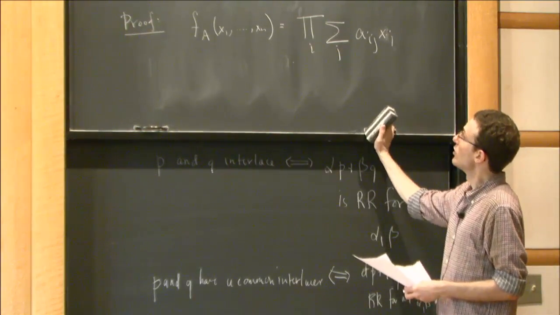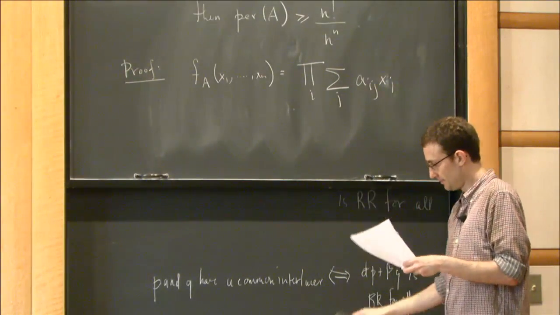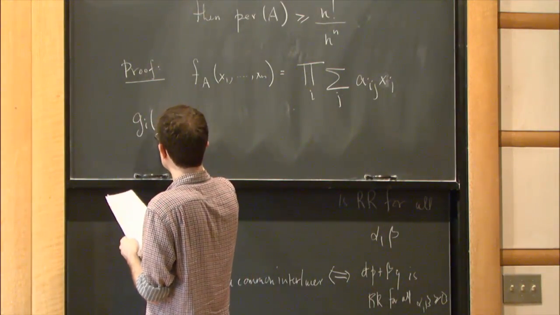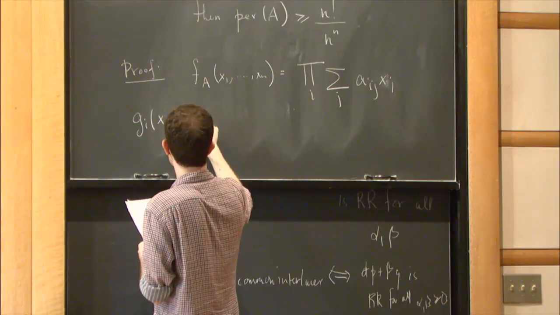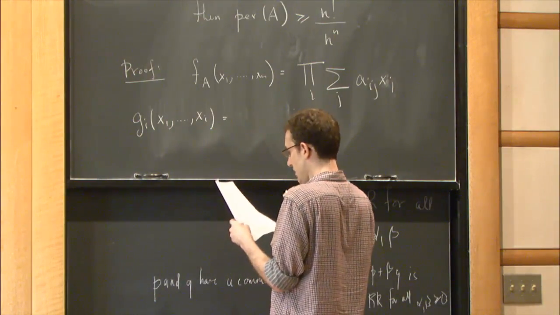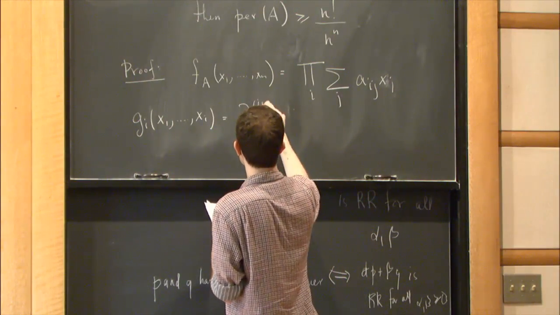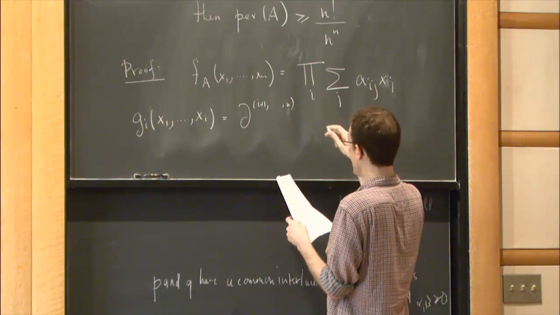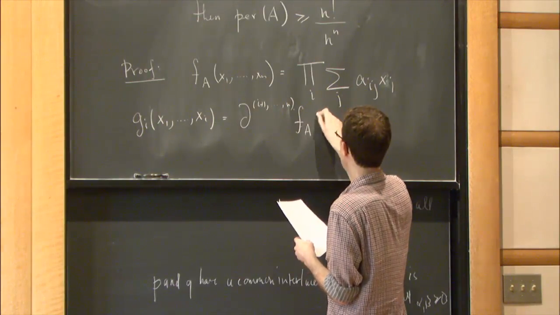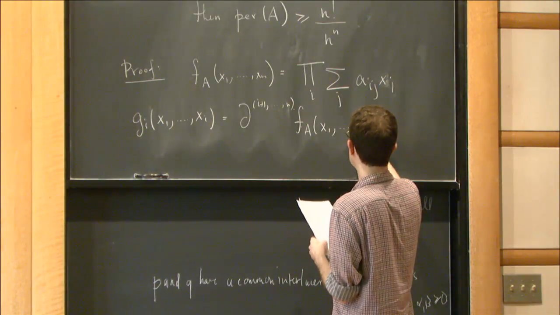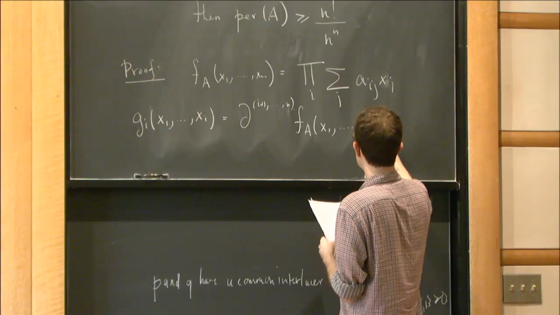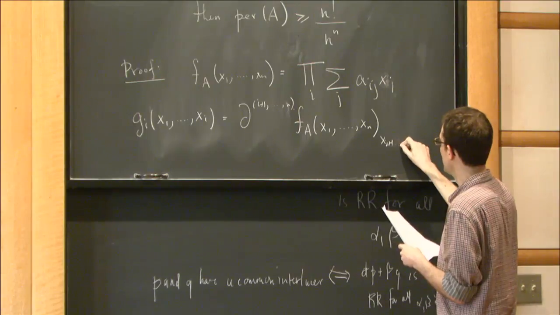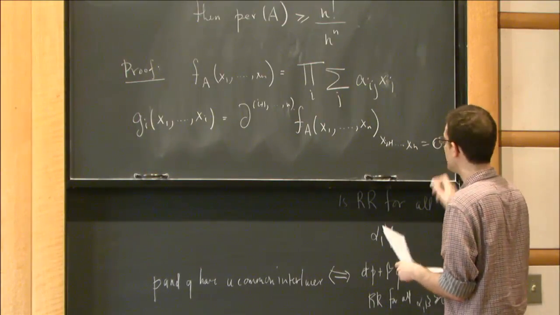And then I'm going to look at a series of polynomials, g_i of x_1 through x_i, which is the partial derivative of order i plus 1 through n of f_A, setting x_{i+1} through x_n equal to 0.